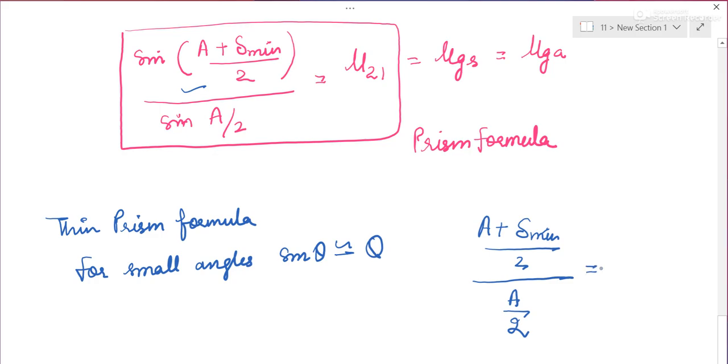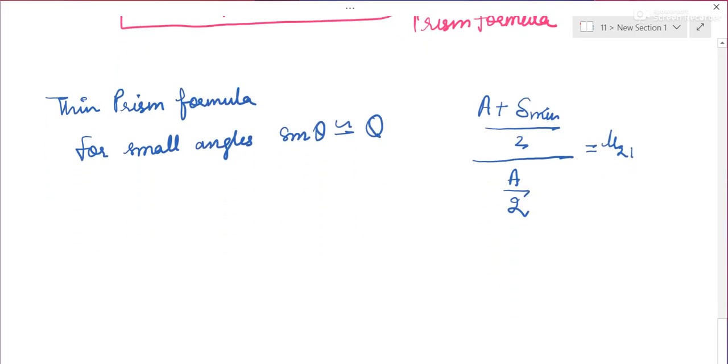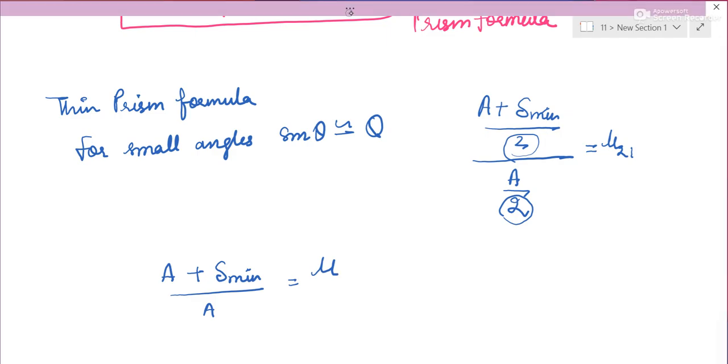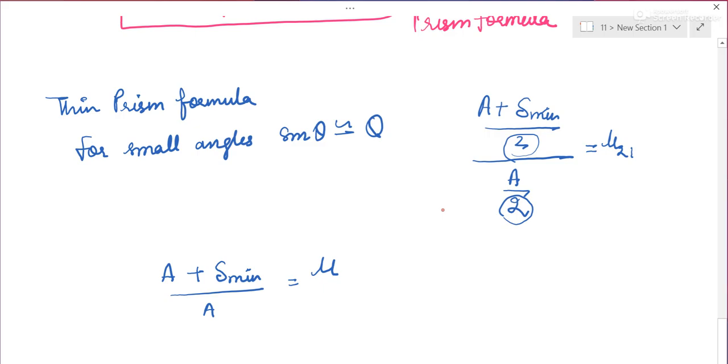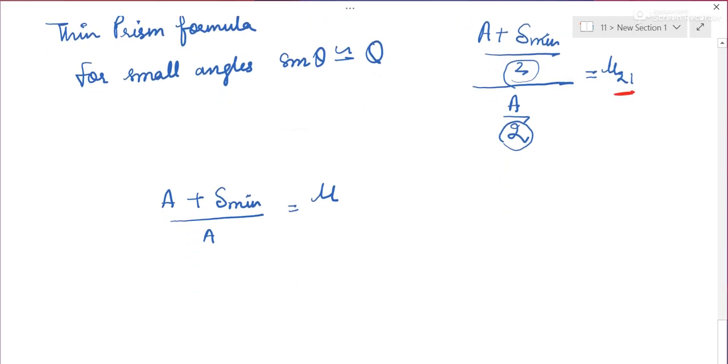This will be equal to mu 2 1, mu 2 by mu 1. Right, 2 will be cancelled. So we have A plus del minimum by A is equal to mu 2 1. I am denoting it as mu, but I know that it is mu glass with respect to air or surrounding. Just for the time being, I am just denoting by mu.